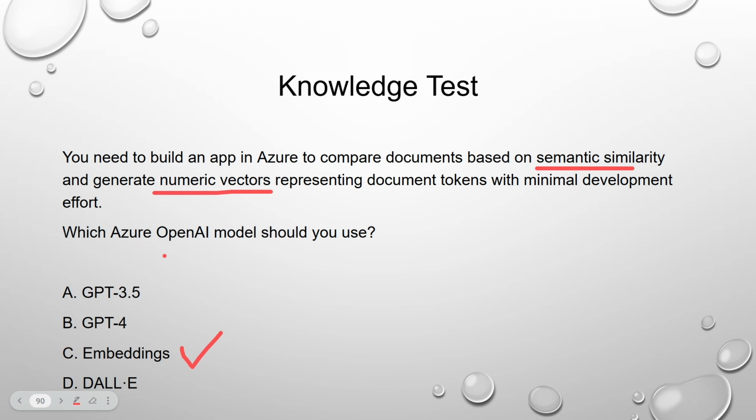If the question is related to natural language or chat completion or something like that, you have to go with any of the GPT models. If the question has generating image from text, then you have to go with DALL-E model. So just look for those keywords.